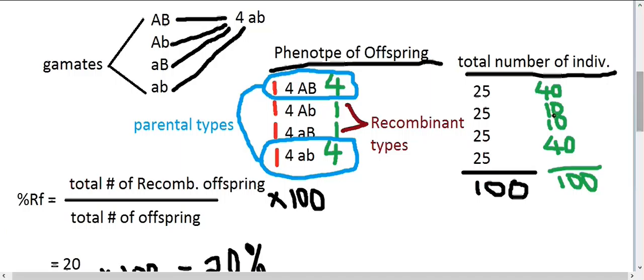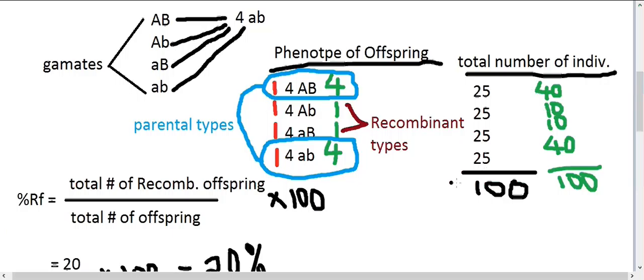When you look at these numbers, if this is 25 and that's 25, we get about 50 centimorgans over here. Then this must become 25 and this must become 25. So when you get 50 centimorgans or more, once you start dividing them all, your ratios get to 1 to 1 to 1 to 1.